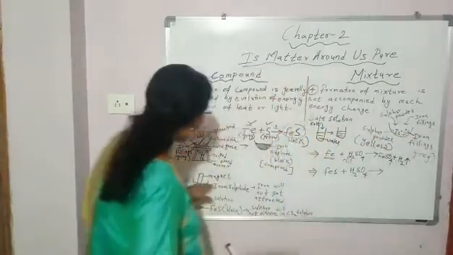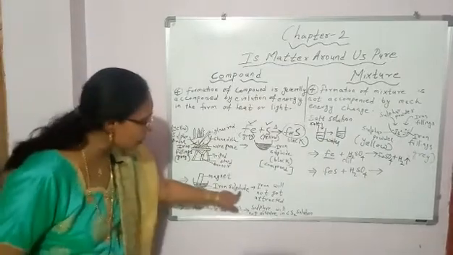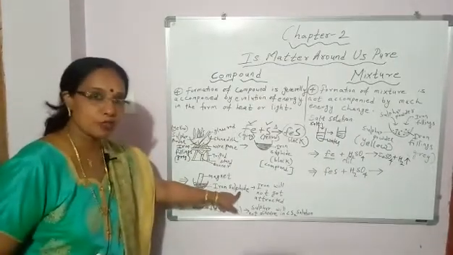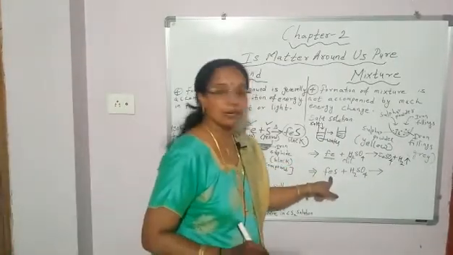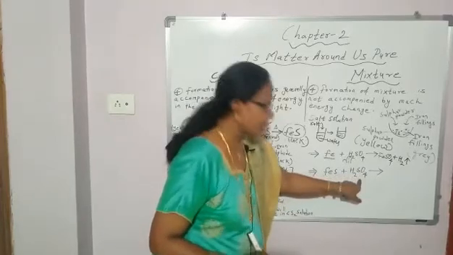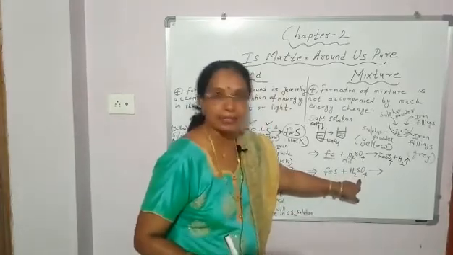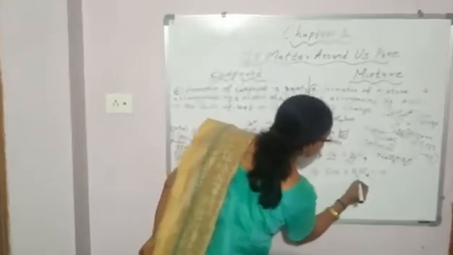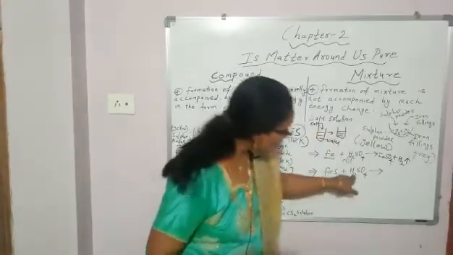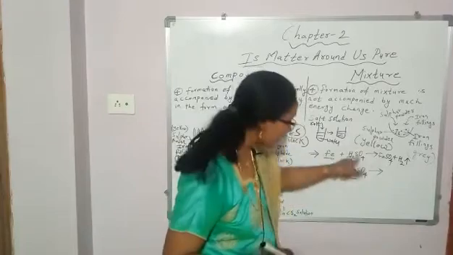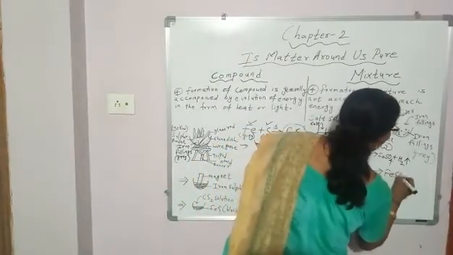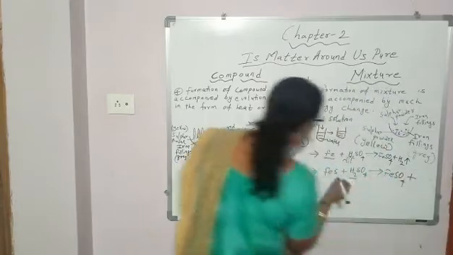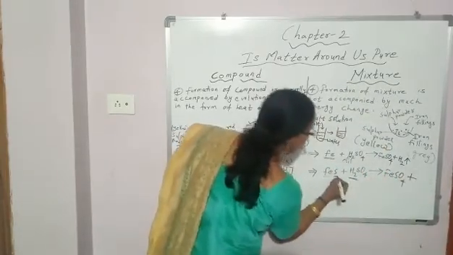But compound, iron sulfide, a black colored substance, to this iron sulfide, if you add dilute sulfuric acid, what will happen? This iron will displace hydrogen, means remove hydrogen and take its place. So what is obtained? FeSO4, plus what is left now? Hydrogen and sulfur.